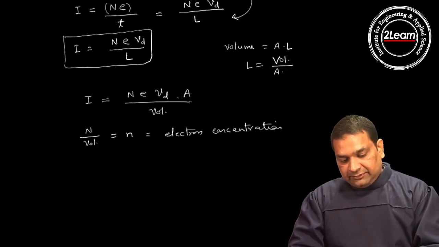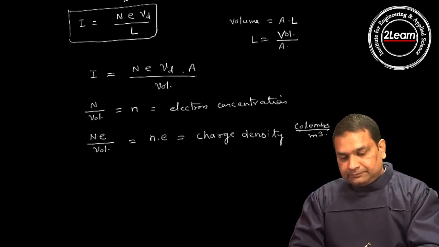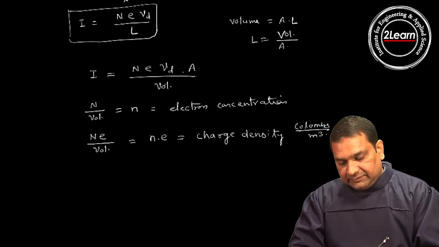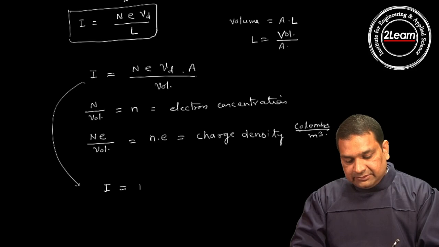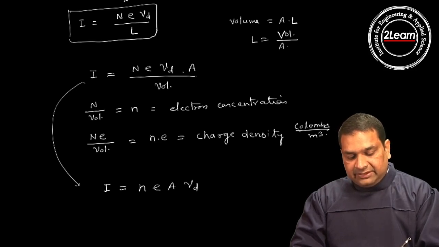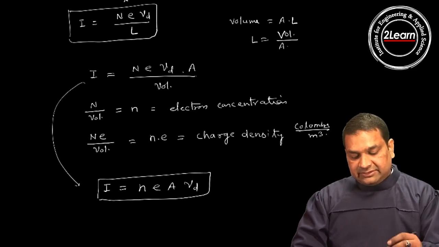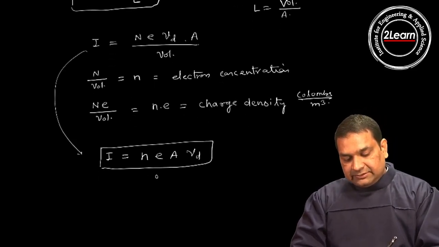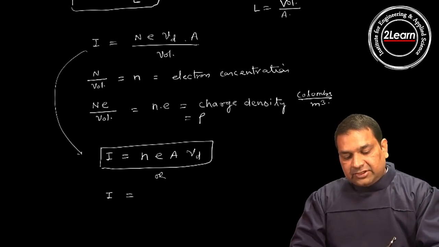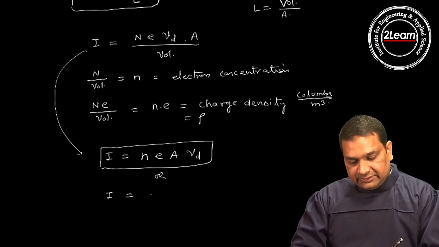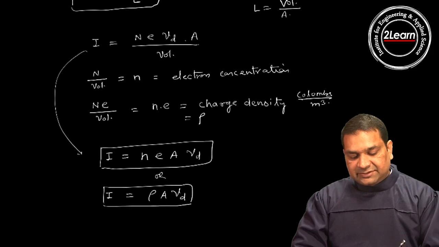So now this equation becomes I equals n E A Vd, if written in terms of the concentration of electrons. Otherwise, this charge density is denoted by rho, so we can write I equals rho A Vd. This is another relation in terms of charge density.